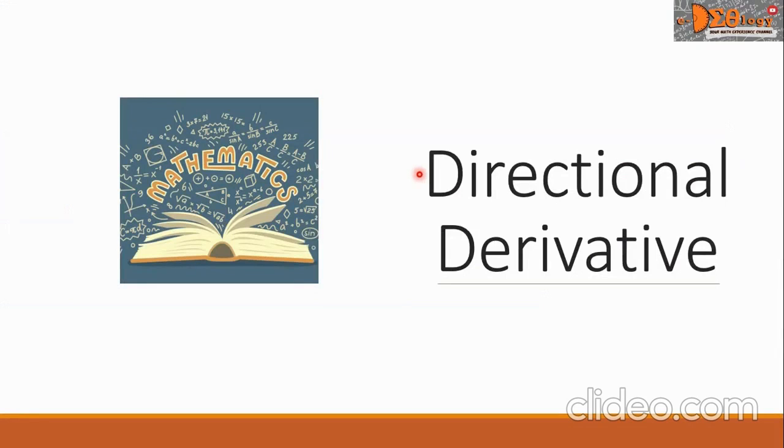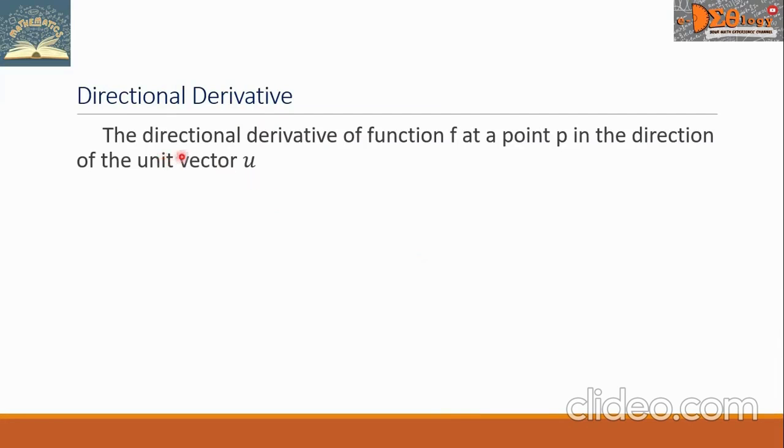Today, we're going to study directional derivative. The directional derivative of a function f at a point P in the direction of the unit vector u is given by the formula df over ds equals grad f dot u.